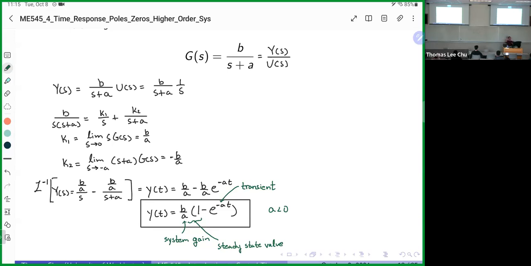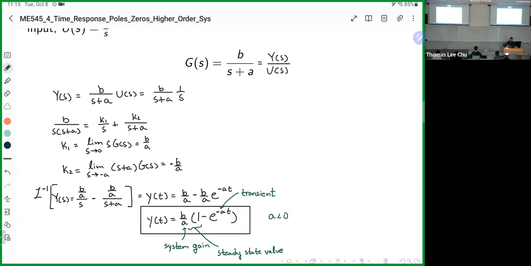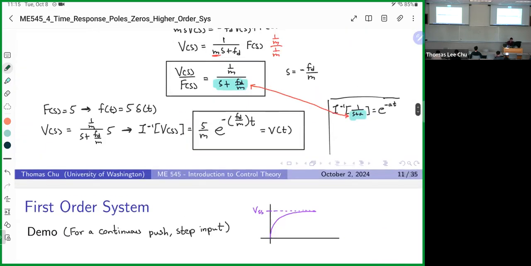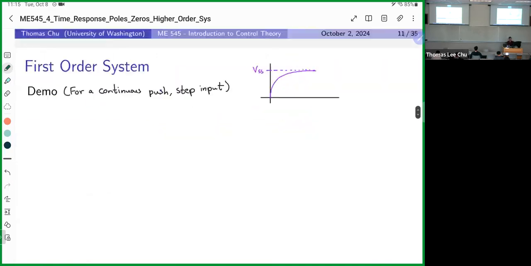Once I overcome the force of friction and we're at steady state, my velocity is constant, and that constant velocity is dependent on my system gain, B over A, which is how much I'm pushing into this system. Any questions? In this example, A is going to be equal to the force of friction divided by mass.